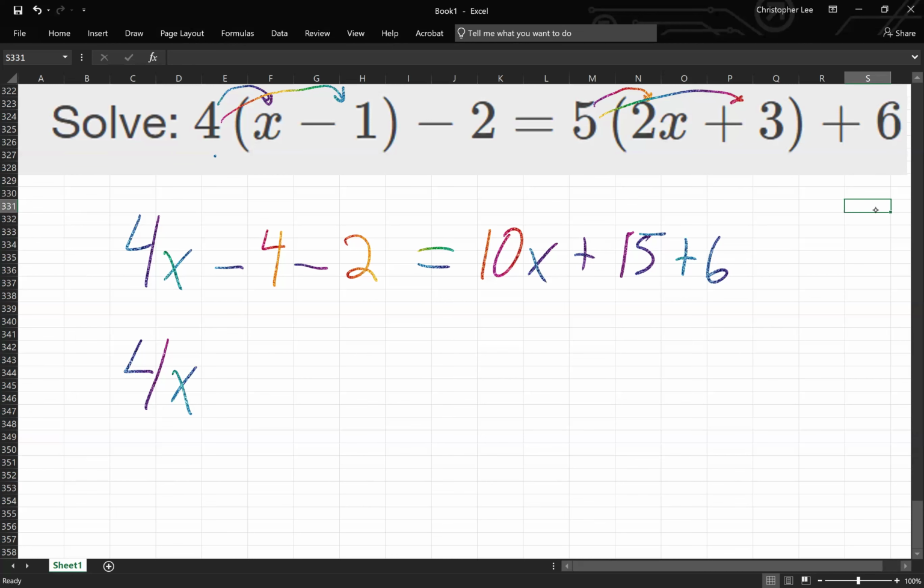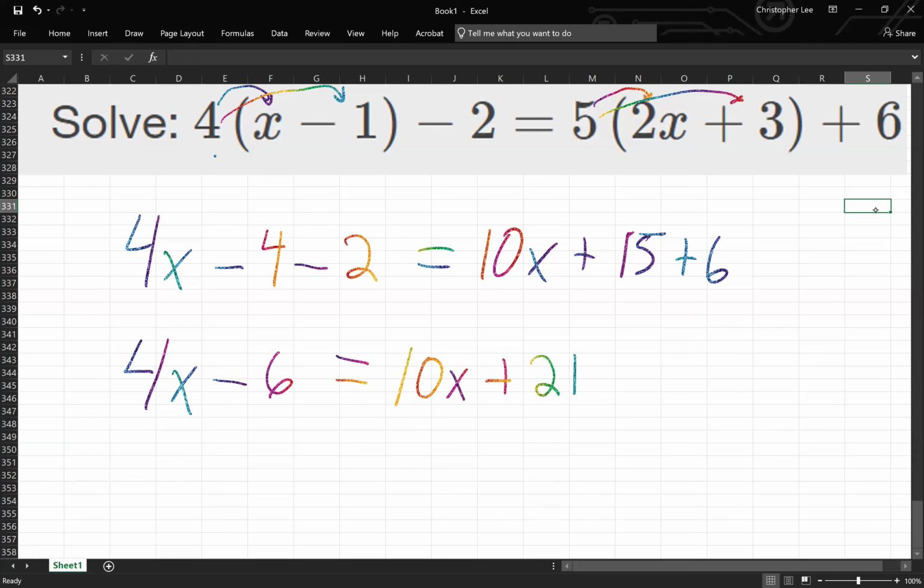Well, before we get to the other though, I want to combine like terms. Combining like terms is a really fancy way of saying adding, right? So I'm adding the terms that look alike. So -4 and -2, they look alike. So I'm going to add them together. And what do I get? -6, right? Add them, not multiply them, right? All right, so equals, and I have 10x here plus 21.